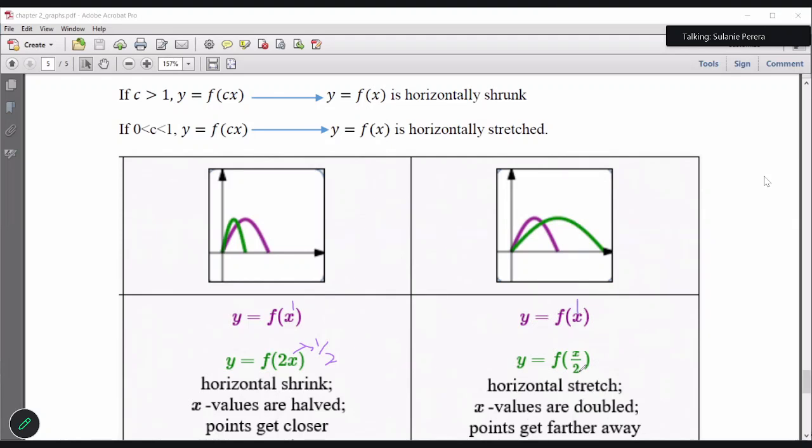Now if we want 1, substituting 1 here is not right. Here you have to substitute 2, because 2 divided by 2 will be 1. So the points get further away. See? Here the green graph, the points have become closer; here they are further away.